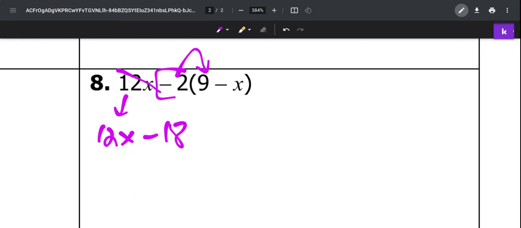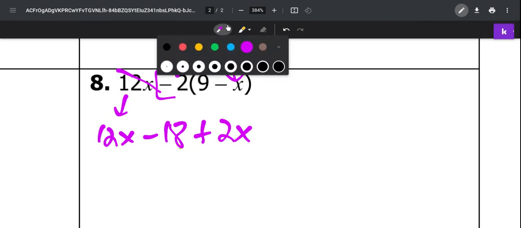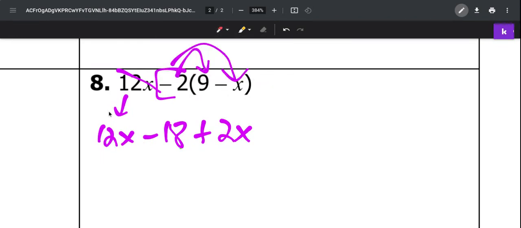Then I can take that negative 2 once again, times x, but let's do the same thing and use this minus with x and say that's negative x. So now this is a negative times a negative. The signs are the same, so the result is positive. So we write a plus sign and then 2x. Now, let's finish the problem and then I'll show you the other way you could do this, because I think most of you should do it this way, but I'm also just biased to this way.